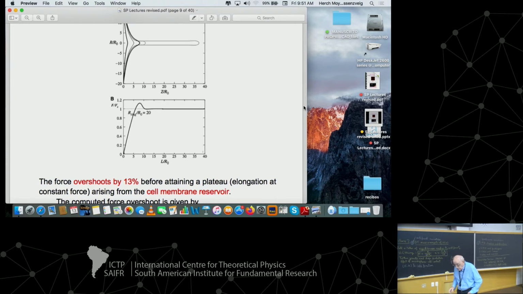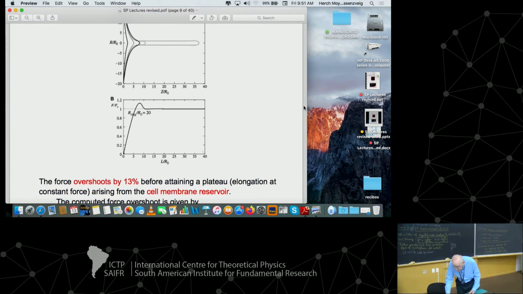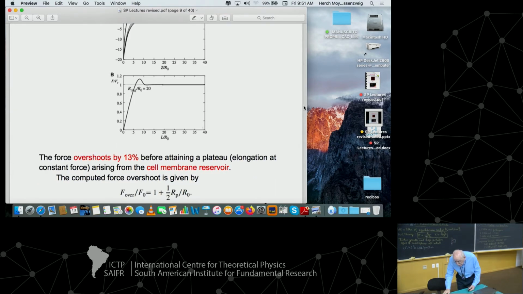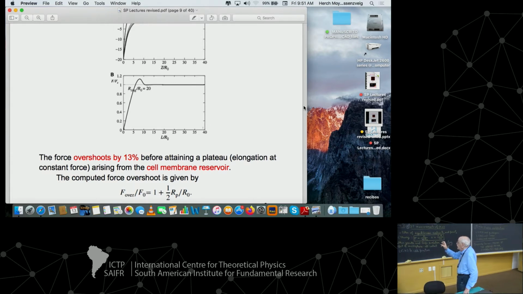Okay, if you compute the overshoot, it's given by the overshoot force divided by the equilibrium force is 1 plus 1/2 of the radius of, oh yeah, I'm sorry I didn't mention this.